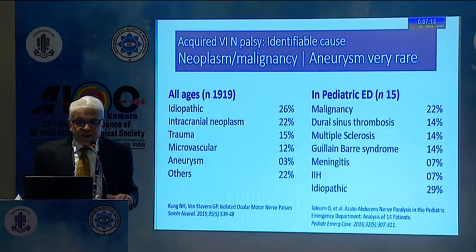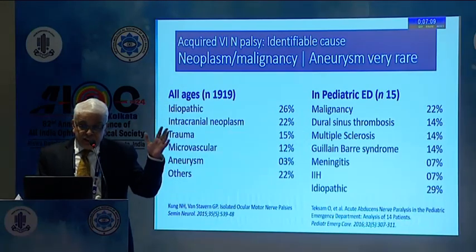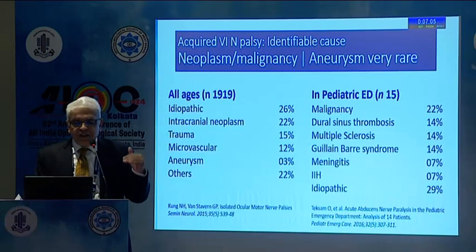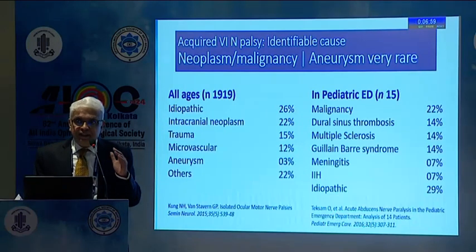If you look at acquired sixth nerve palsy, in all ages, the idiopathic was 26, but if you look at identifiable causes, you had neoplasms and malignancies right on top. Aneurysms were very rare in isolated sixth nerve palsy.